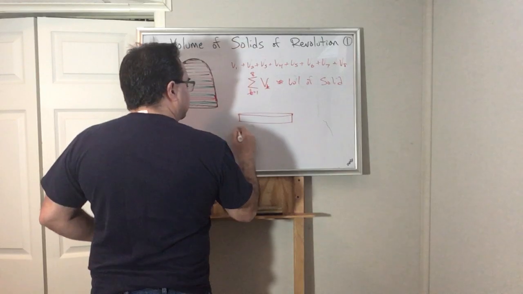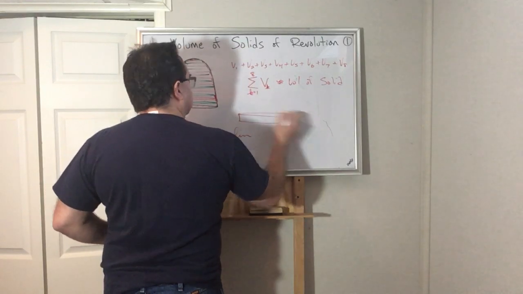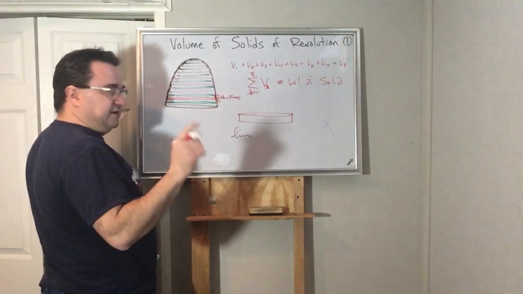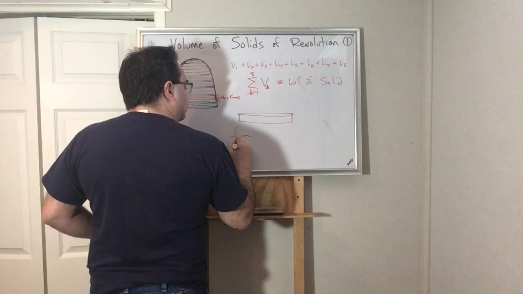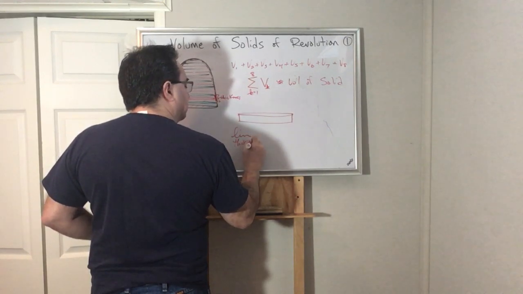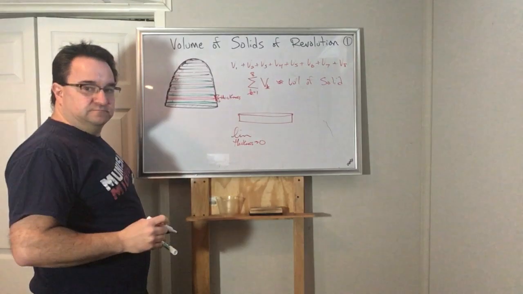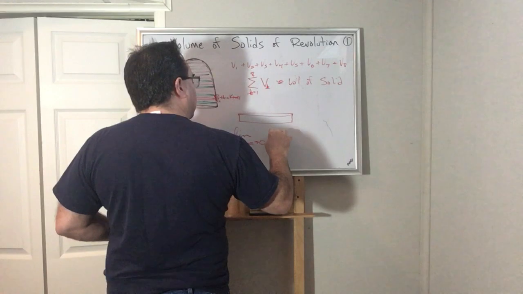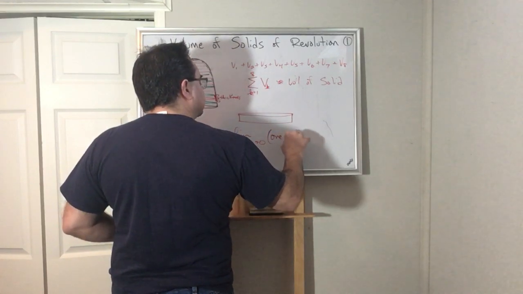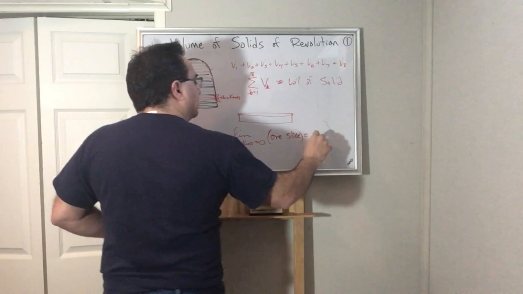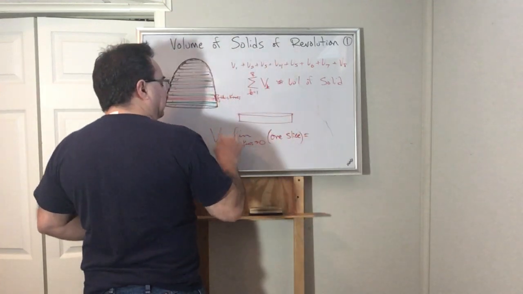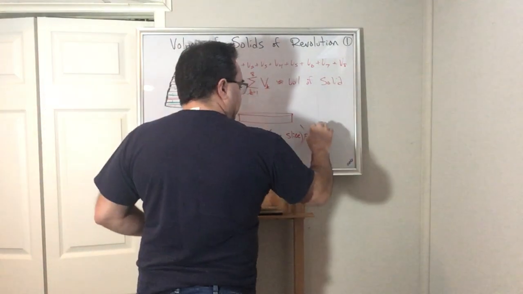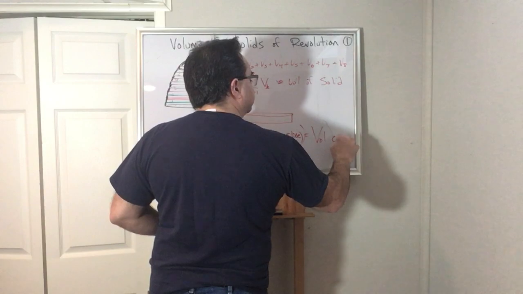So the idea is the limit, as we're going to call this the thickness of each slice, the limit as the thickness goes to 0 of the volume of one slice is equal to the volume of a cylinder.